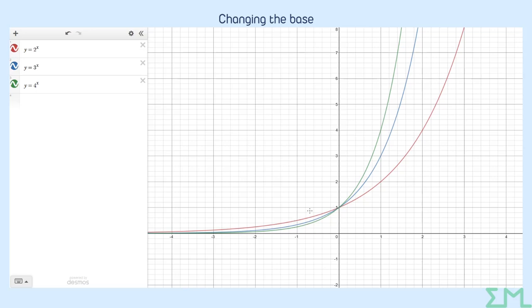Even if you just think of the squared and the cubed, if you square and cube a half, you get a quarter and an eighth. If you square and cube a third, you get a ninth and a 27th. So you can see they're definitely getting significantly smaller. All three still have an asymptote of y equals 0, still always getting infinitely closer but never quite reaching it. But it is quite interesting the way that they cross over at this point, 0, 1.